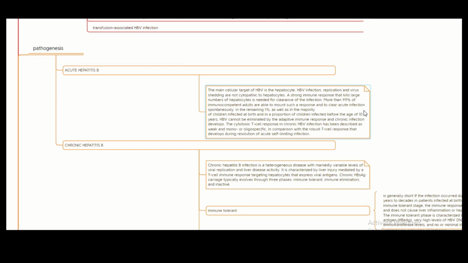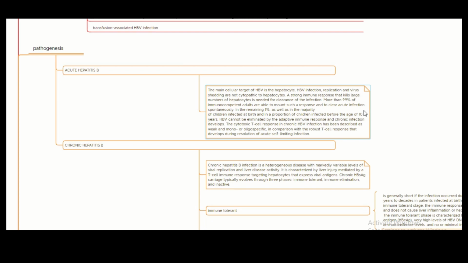It will be weak, mono- or oligospecific, which will lead to chronicization of the infection. This chronic phase will not happen when we have a robust T cell response that develops during an acute self-limited infection.